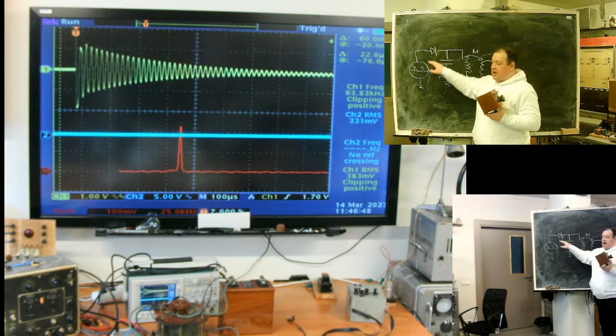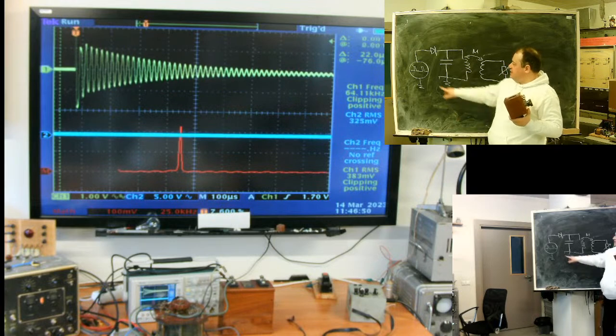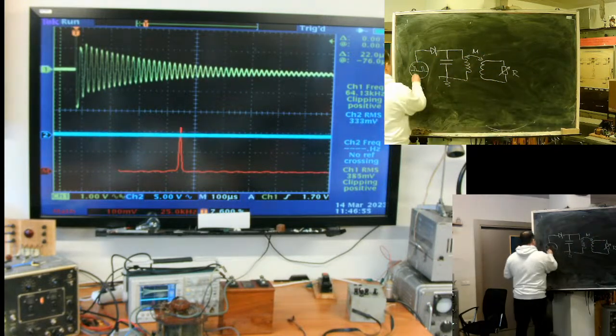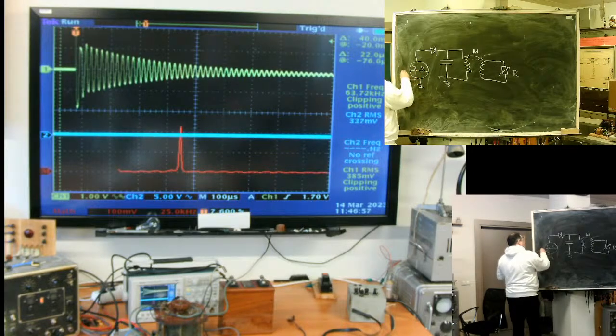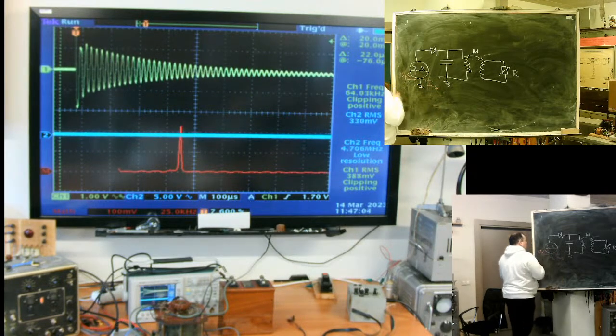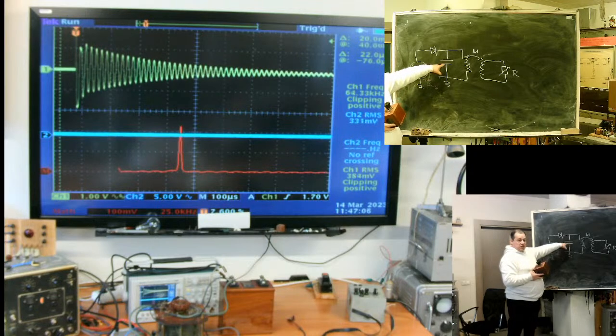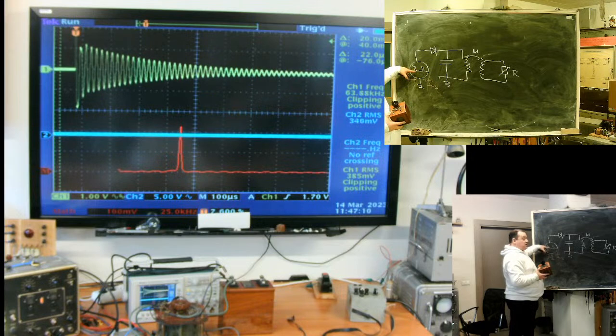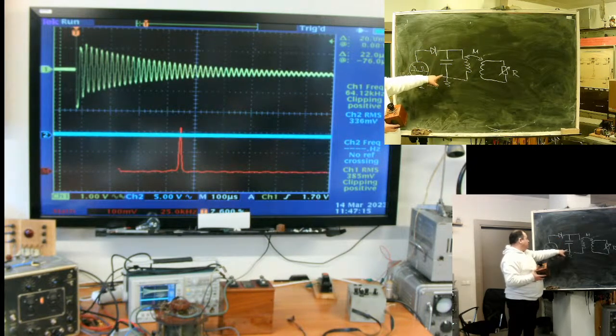Idea. See, the pulse generator produces pulses. Each pulse at this moment is 1.5 microseconds in length, and timing between them is 1 millisecond. So at each pulse, the capacitor is charged, and when the generator goes down, if there would be no diode, it would short circuit the capacitor to its low output resistance.